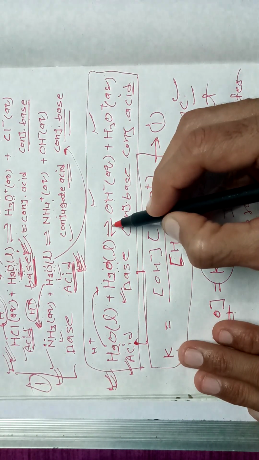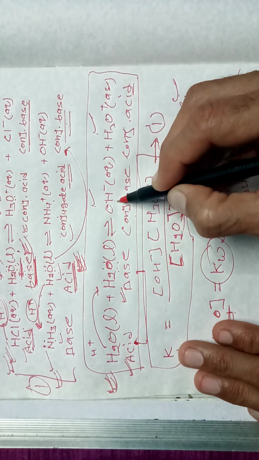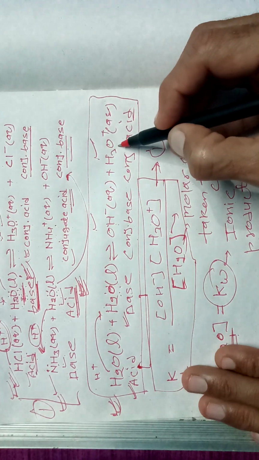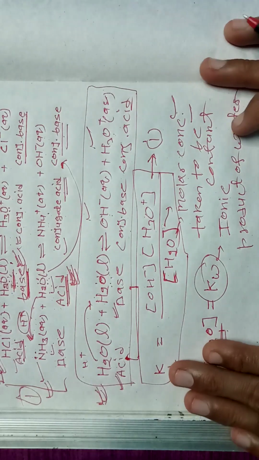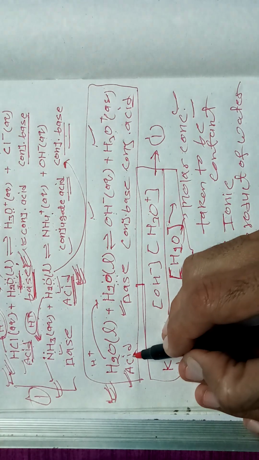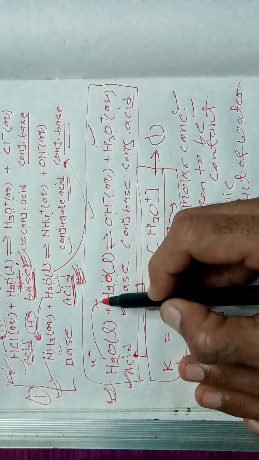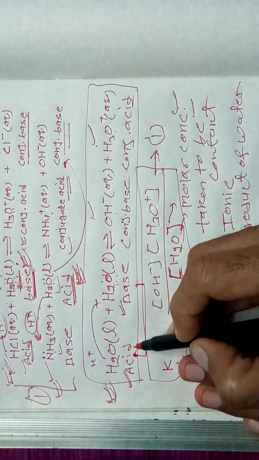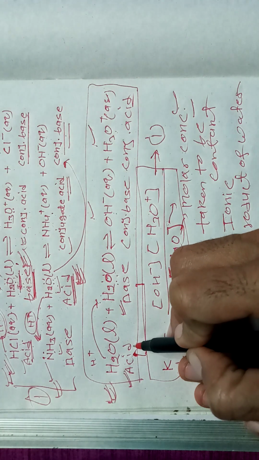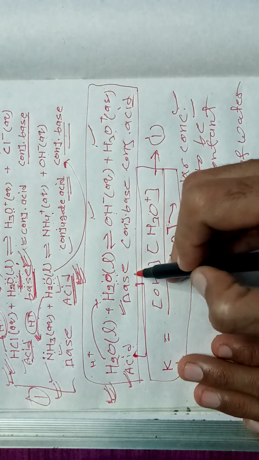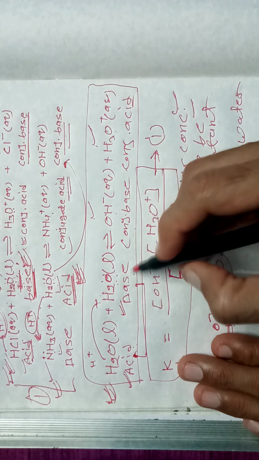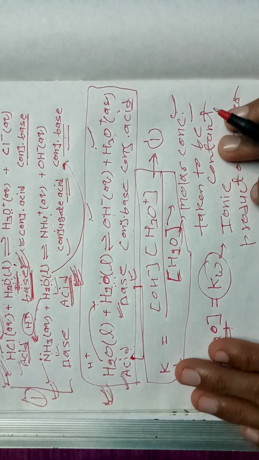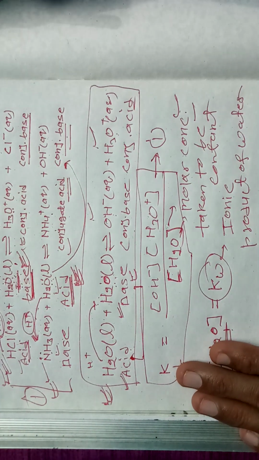Okay, and these are in equilibrium with hydroxyl ion and hydronium ion. Here one water molecule, because it donates H plus, behaves as an acid, and another because it accepts H plus, behaves as a base.